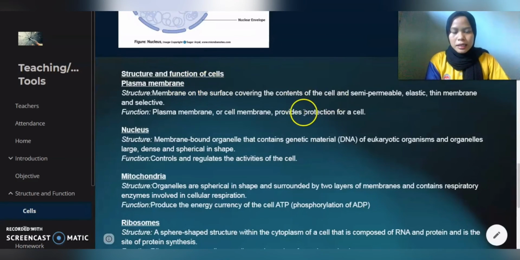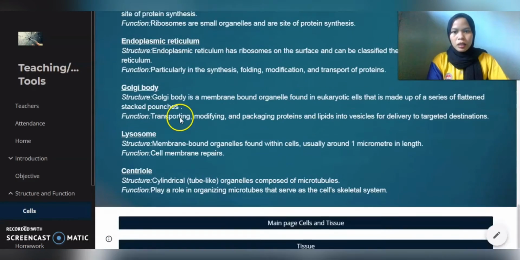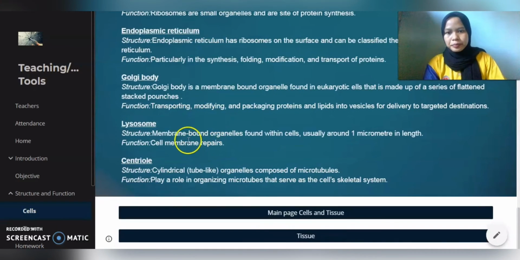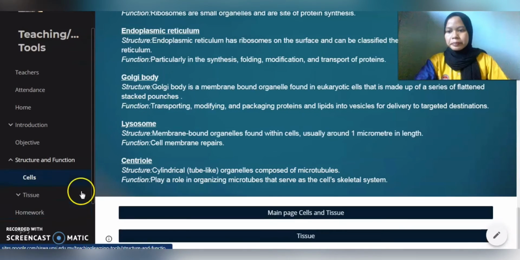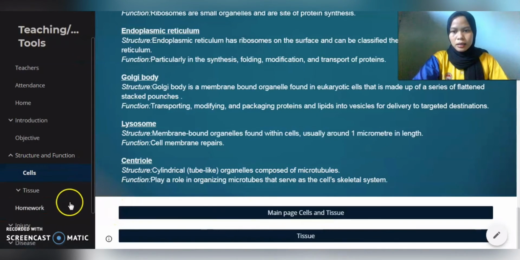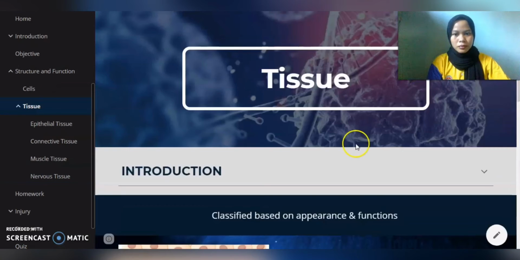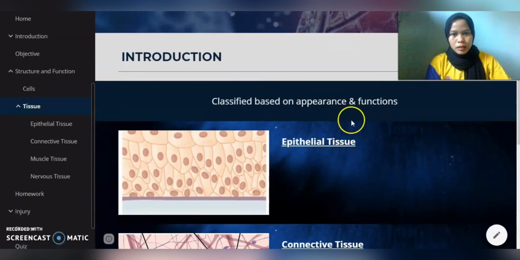So these are the explanations about cells. You may read them one by one. So next is tissues. Here is about the tissues. Tissues are classified based on appearance and function.